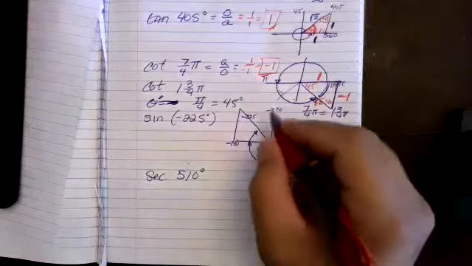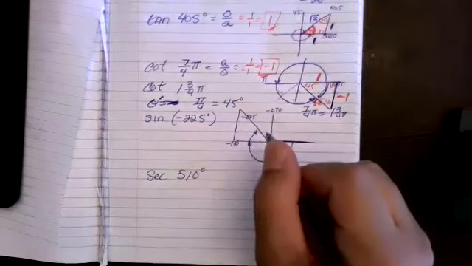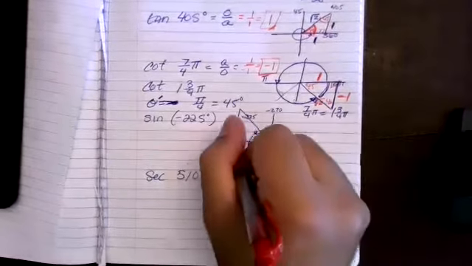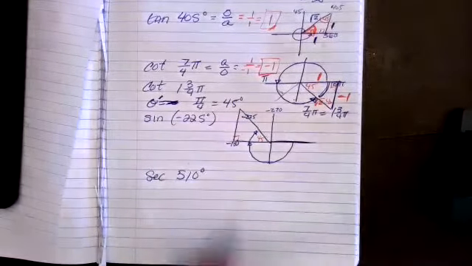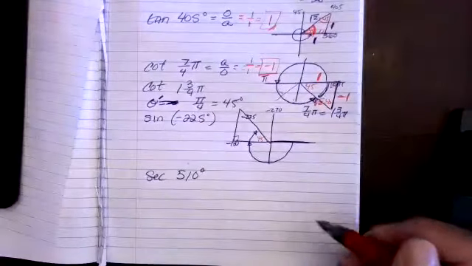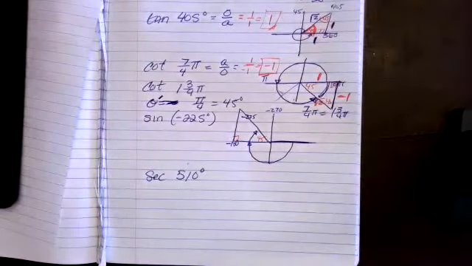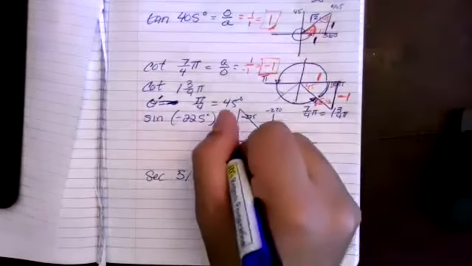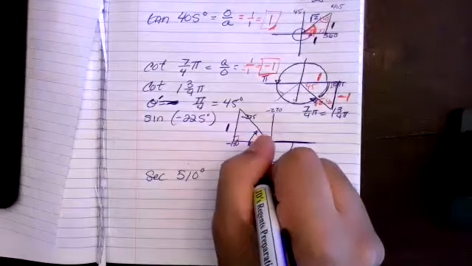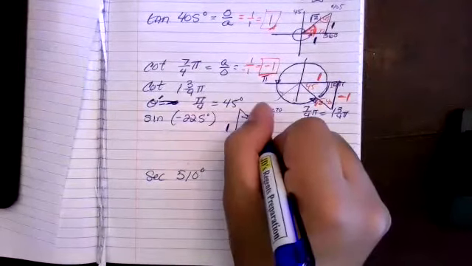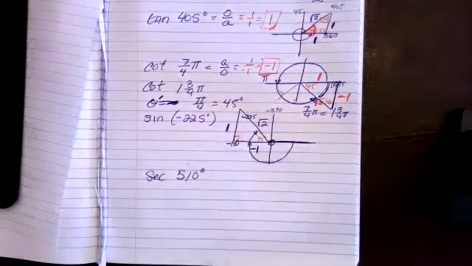So my reference angle is between 180 and 225, which once again is a 45-degree angle. All of these, in order to find the exact value, you need to know all the sides of the triangle, and that's why in this case they're giving you all special triangles. So this would be a 1, this would be -1 over here because it's to the right of 0, and radical 2, 1, 1, radical 2.